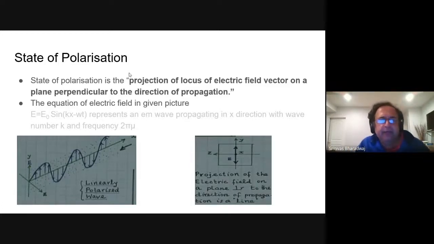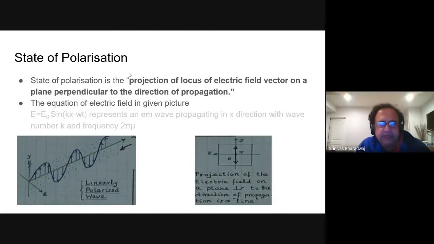And k is 2 pi by lambda, and omega is 2 pi f. So omega by k is the speed. C equals omega by k, which is 2 pi f divided by 2 pi by lambda. The 2 pi's cancel, and you have just the frequency times the wavelength.